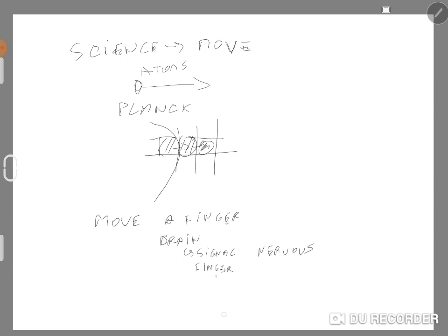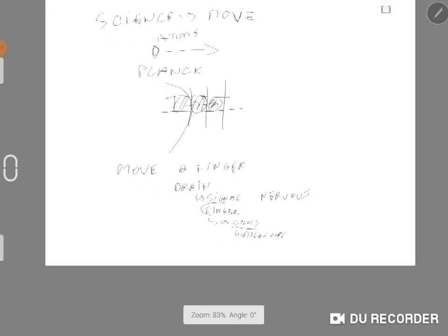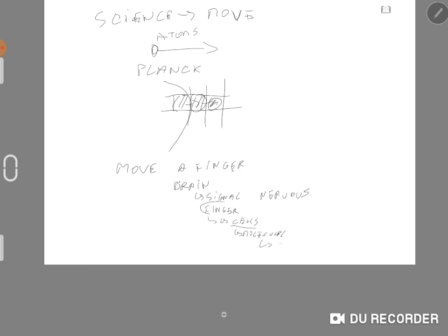But then your finger is composed of cells, so it's almost as if the finger asks the cells to move, and then the cells are composed of molecules, and so it's as if the cells ask the molecules to move, and the molecules are composed of atoms, and so the molecules ask the atoms to move, and the atoms are made of subparticles.